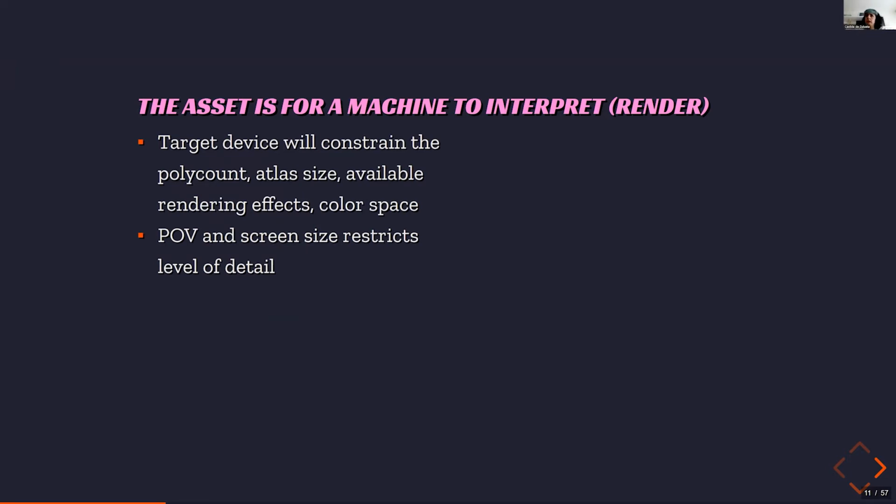Also, the point of view, where the camera is, and how far it is, and screen size, physically, will restrict the level of detail. Something that a lot of accessibility advocates have been complaining a lot about in many games is that you couldn't change the size of the subtitles, because usually people will play on smaller screens or far away from the screen, and then the UI was so small that it was impossible to read.